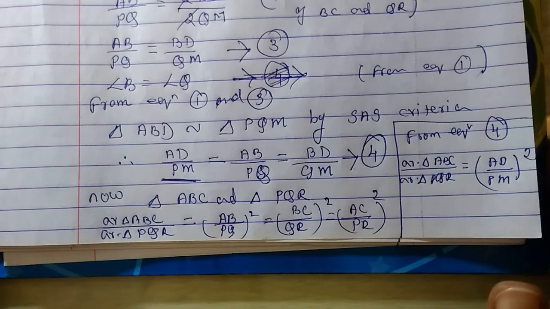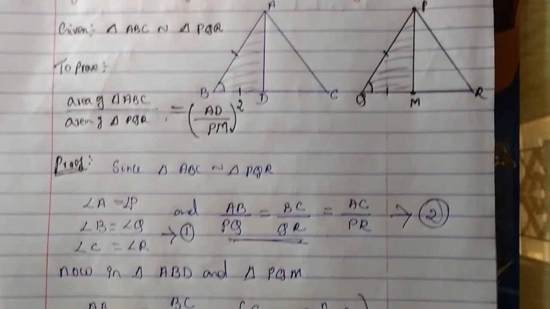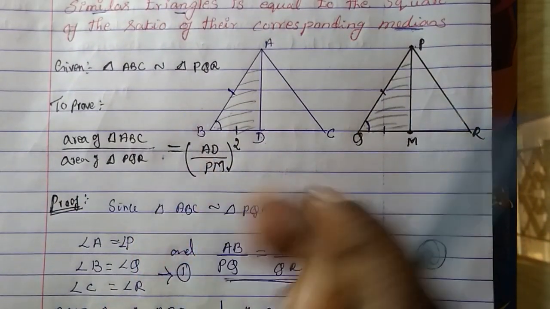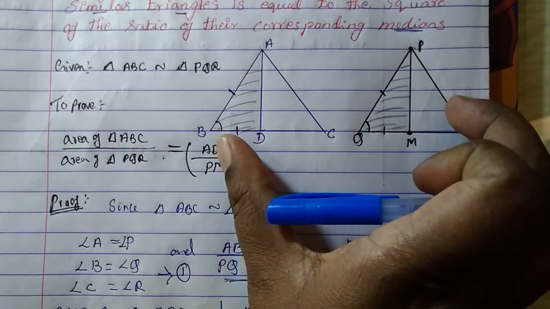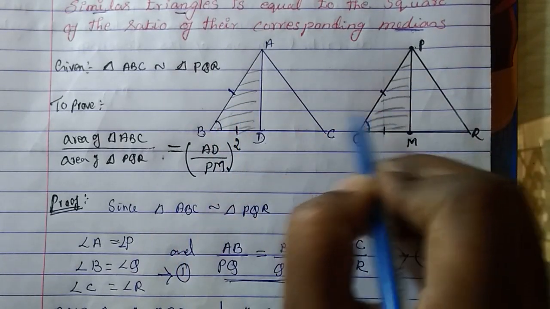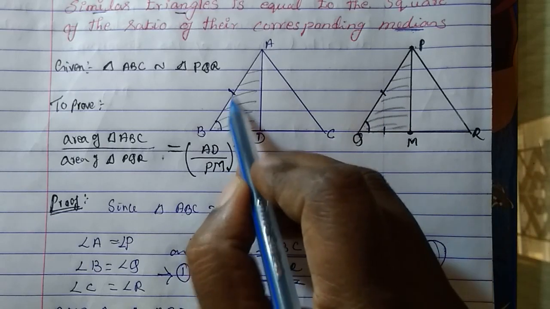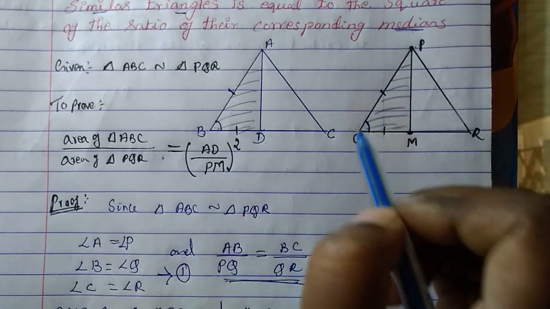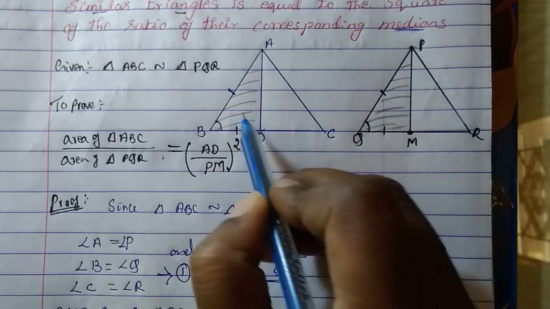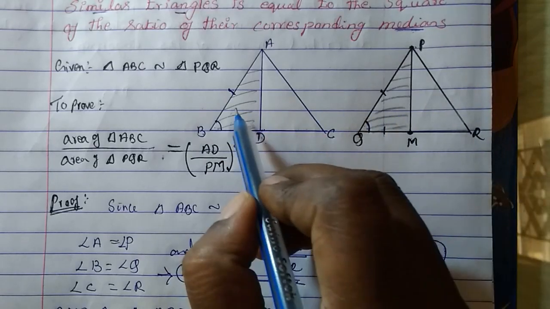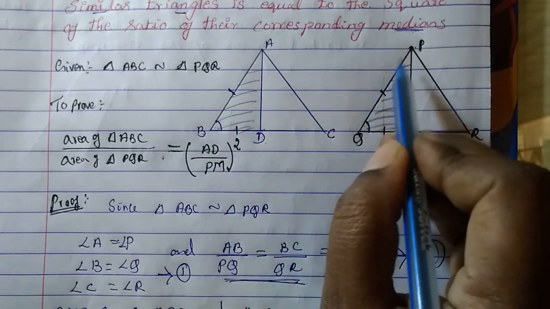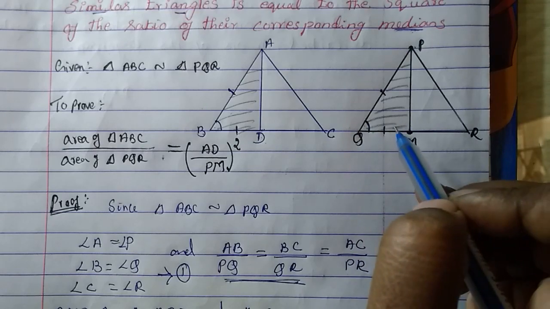See what we did? Nothing much. We just proved that these two triangles are similar by side angle side criteria. So if these two triangles are similar, all three corresponding sides also will become proportional.